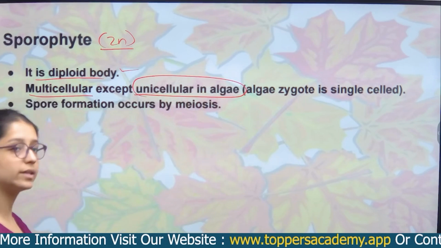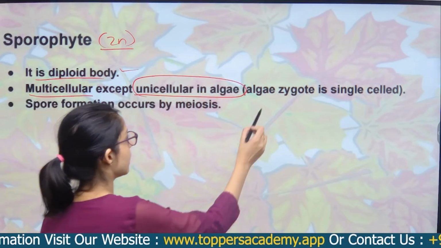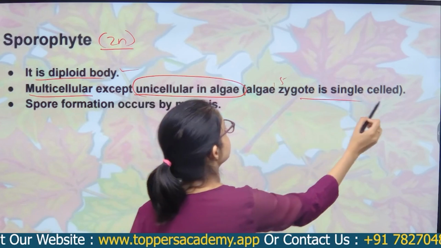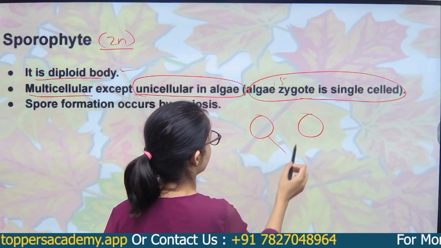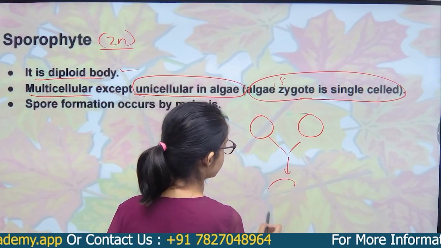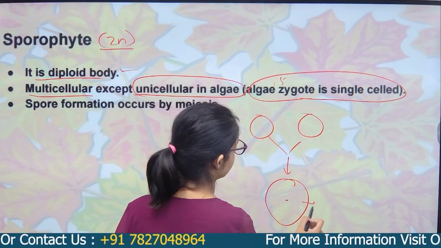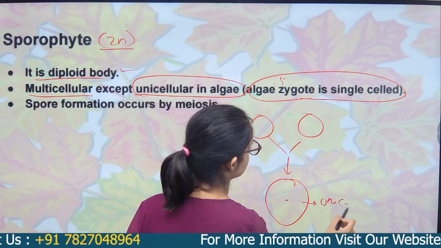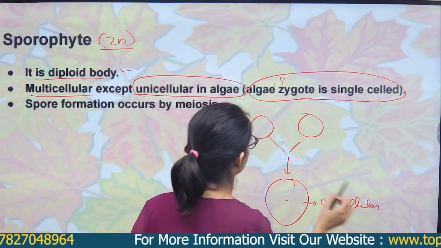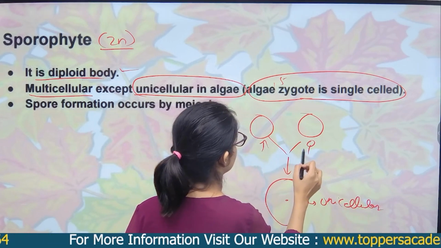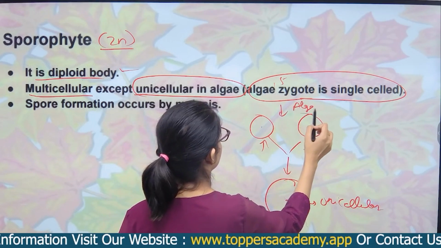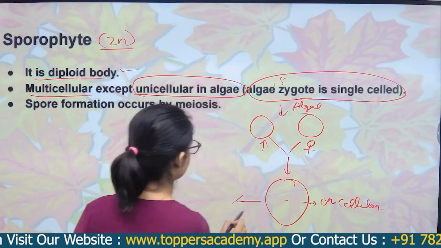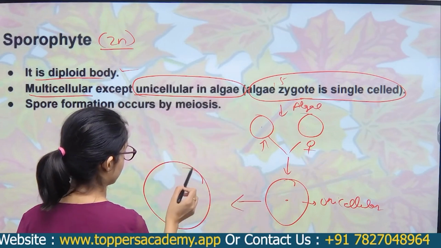Why unicellular in algae? Because the algal zygote is single celled, formed from male and female gametes joined together, and the zygote is unicellular. The zygote already develops into the sporophyte.